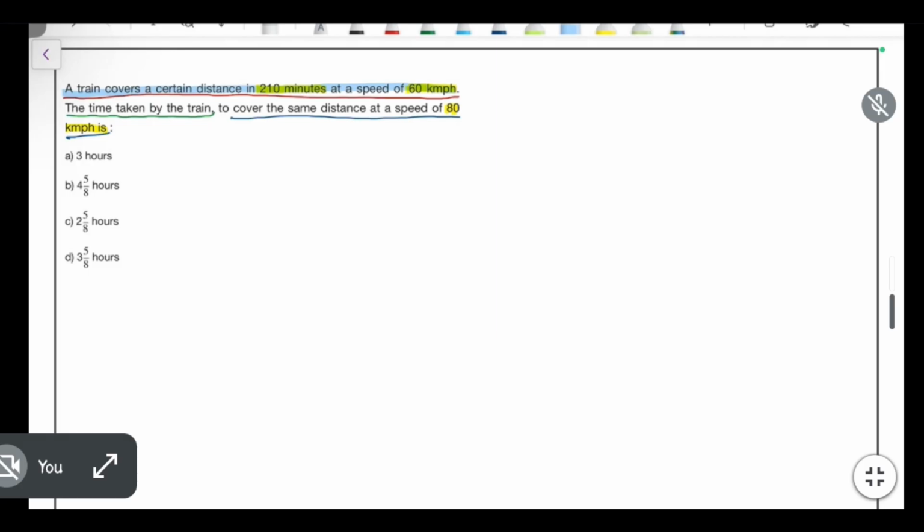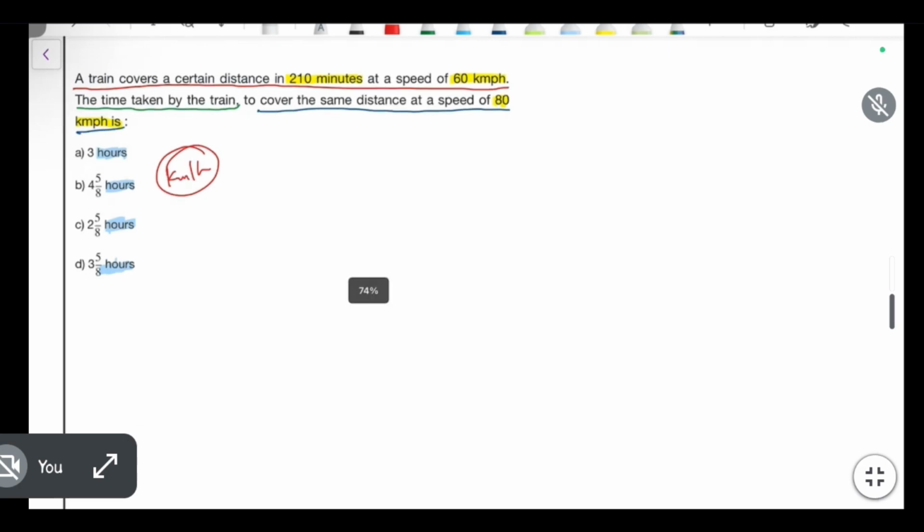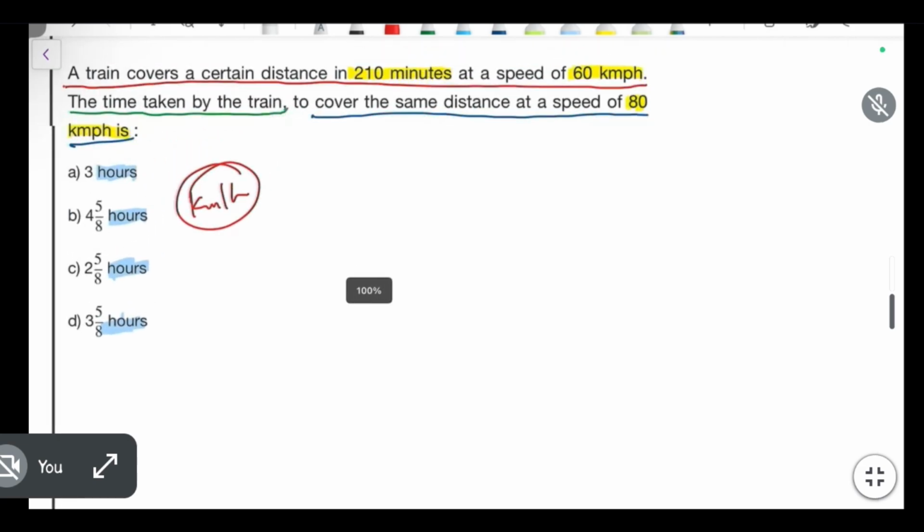Whenever you are doing speed, time and distance questions, you always look at your options. What is here? It is in terms of hours. So if it is in terms of hours, you need to convert everything to kilometer per hour. That is the much better way to solve, okay? So let's begin with this.